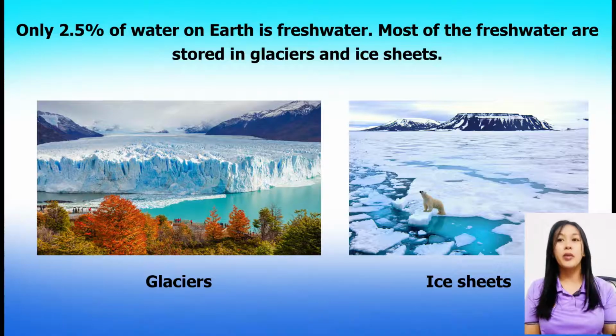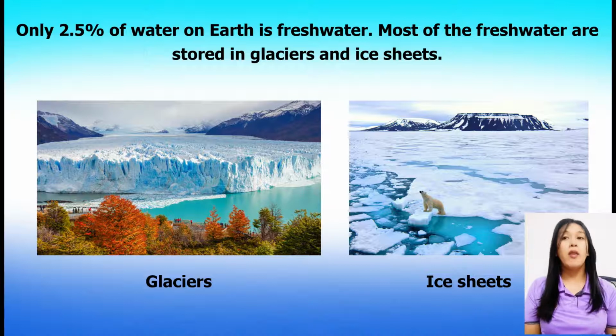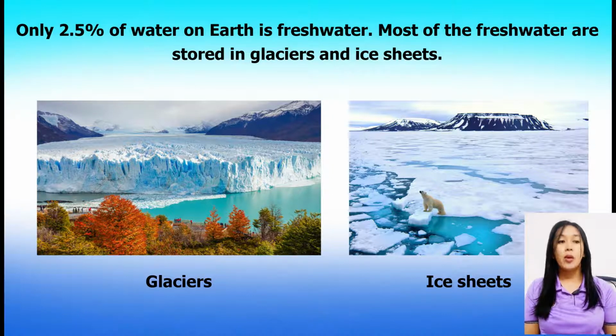Out of the 2.5% fresh water, some of it is stored in the glaciers and ice sheets. Imagine that some of our fresh water is frozen inside the glaciers and ice sheets.